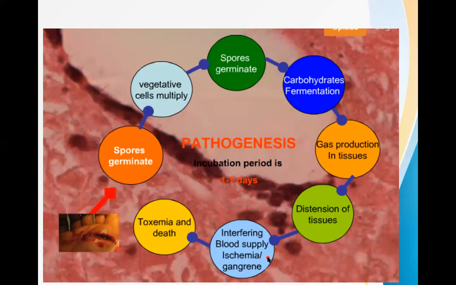It will further aggravate the process. At the same time, it can spread to some nearby healthy area, and the disease will be spreading, resulting in toxemia. Toxemia means sepsis, and it can result in death of the patient if it is not controlled in time. So this is all about the pathogenesis of gas gangrene.